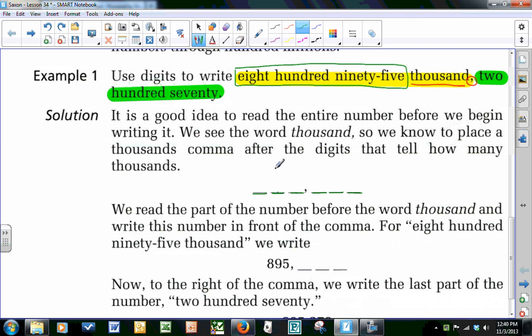The first number that goes there is 895. And then I put a zoop, a comma, and I'm ready to read the second half, which is kind of split up into 2 parts. 270. What does 270 look like? It looks like this, 270. And that's how you write a really big number using digits.